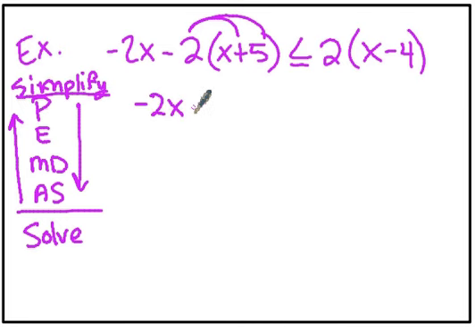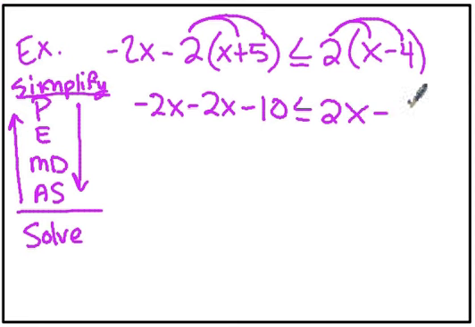Okay, so let's simplify it. We need to distribute this 2. We get negative 2x minus 2x minus 10 is less than or equal to, we need to distribute this 2 as well, 2x minus 8. And then we have two x terms, so we can combine those like terms.